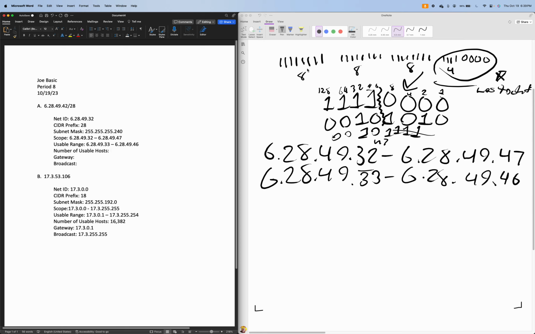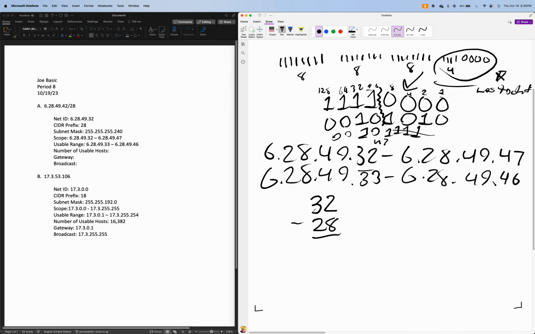Now the number of usable hosts. The total number of bits in an IP address is 32, and our prefix 28 is the amount of ones we have. So we get 32 minus 28, which is 4.